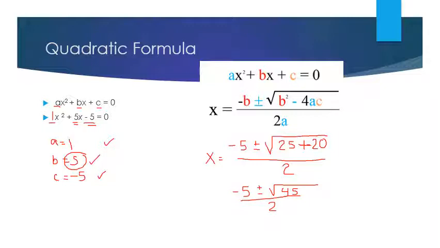So if I consider that to be the square root of 9 times 5, it's also the square root of 9 times the square root of 5. And the square root of 9 is 3. So instead of square root 9, I can use 3 and rewrite this as negative 5 plus or minus 3 times the square root of 5, over 2.